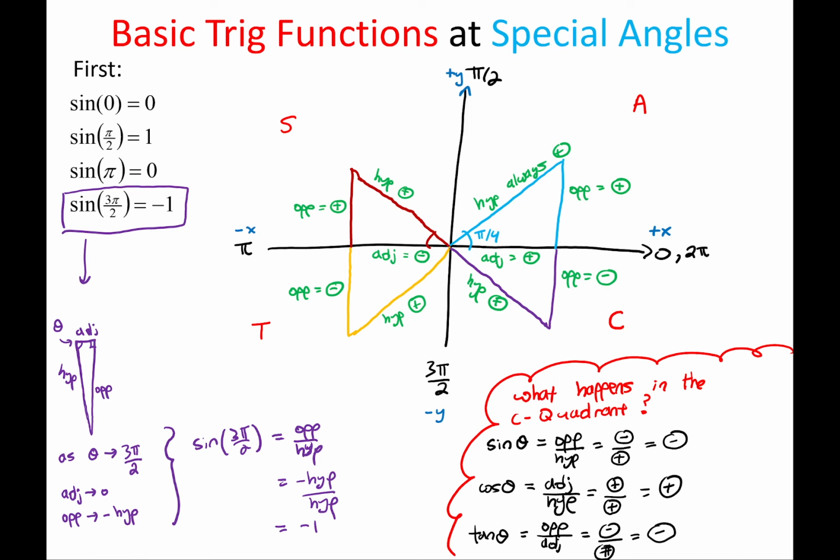This outcome can be summarized with another acronym, similar to SOHCAHTOA. The acronym is the CAST rule. In the bottom right quadrant, the C quadrant, only the cosine function is positive. Top right, the A quadrant, all of the trig functions are positive.